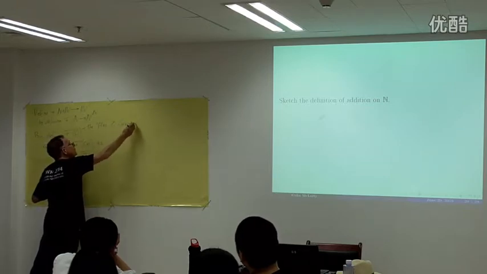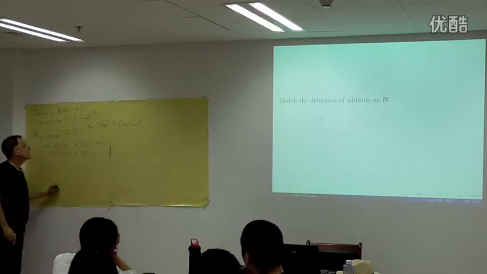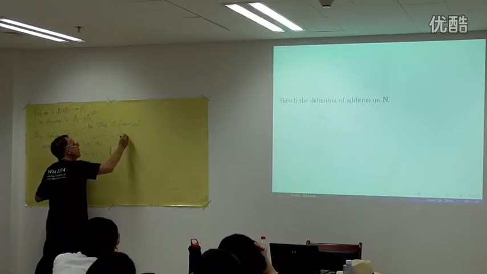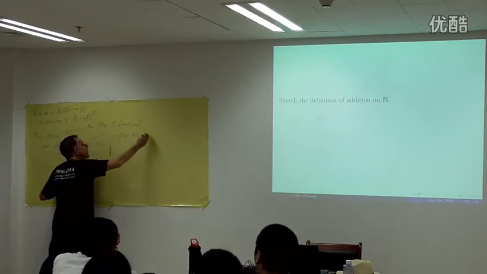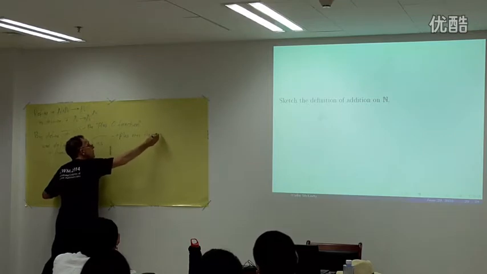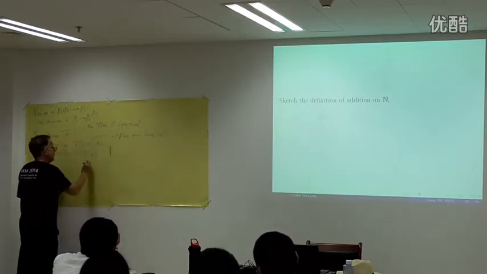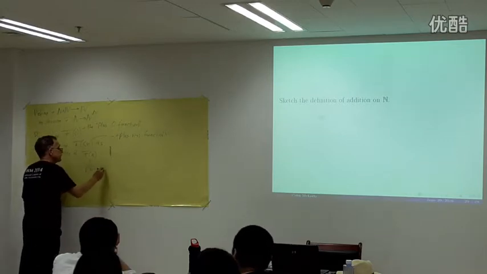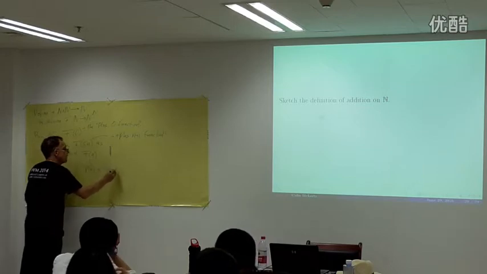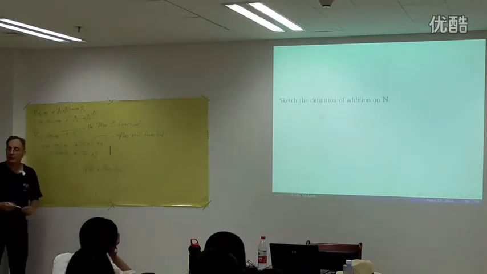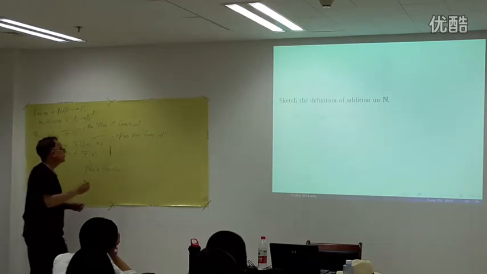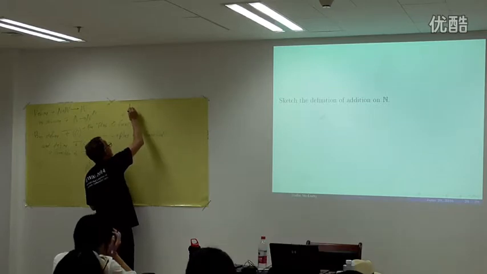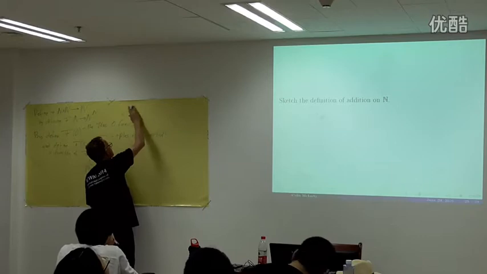We have to define the plus 0 function. This is the plus n plus 1 function. We have to define that in terms of the plus n function. That's how our set theory works. Well, the plus 0 function, it's the identity function.